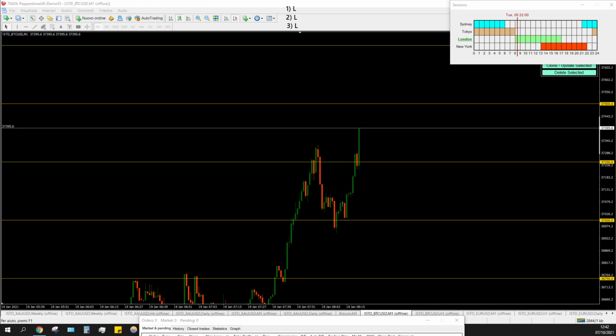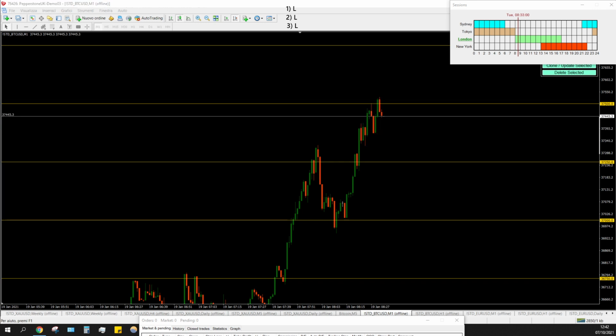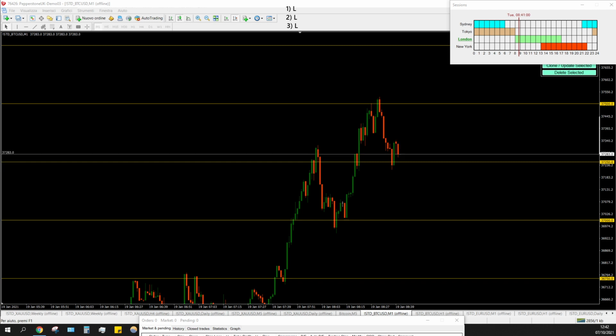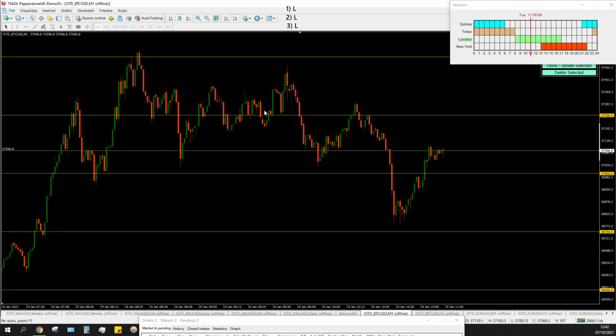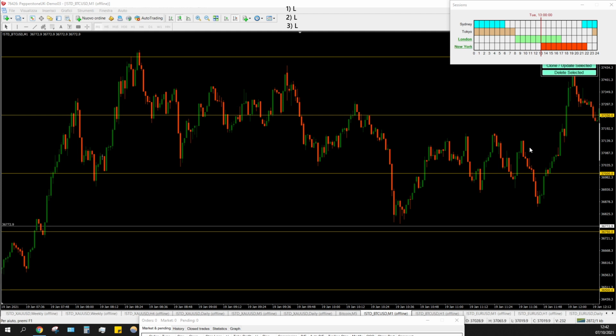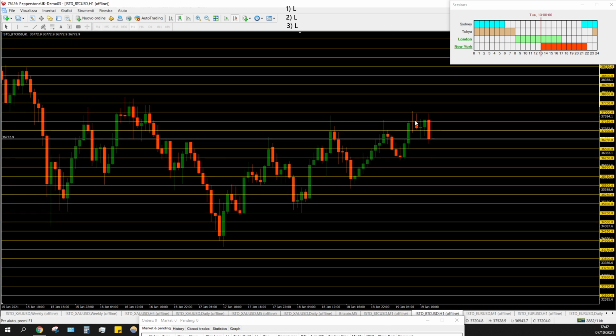But very, very messy. And then continuation up, rejection at the PPL, and then we go back to the New York session. Look how not clean is this price action. Okay, south of New York, we are still here on the hourly time frame.